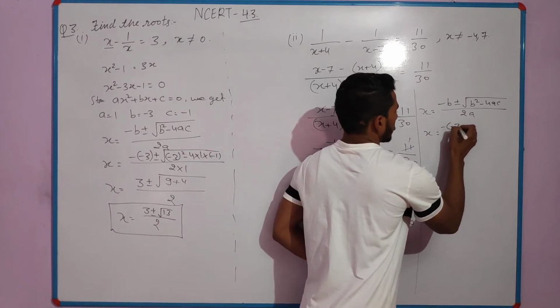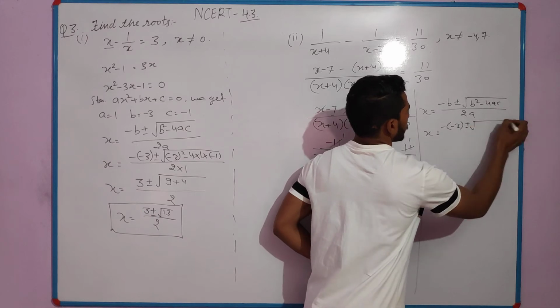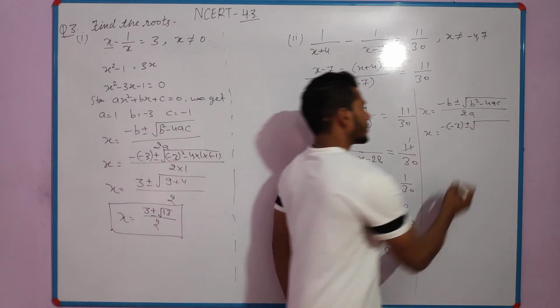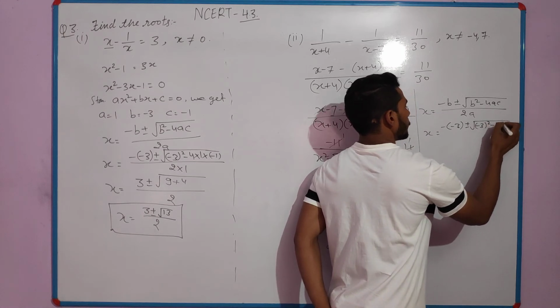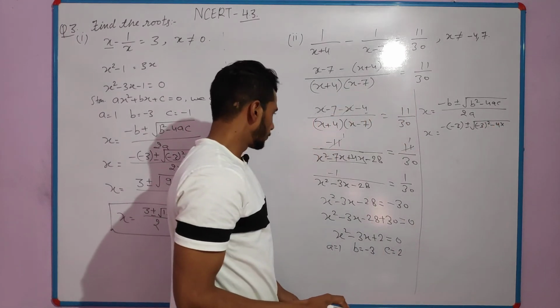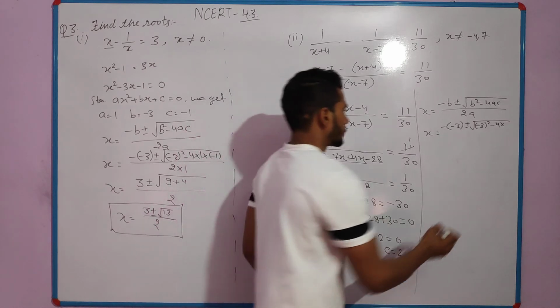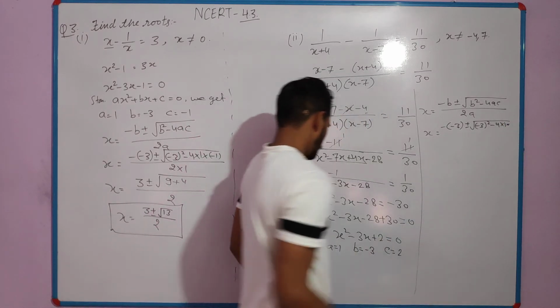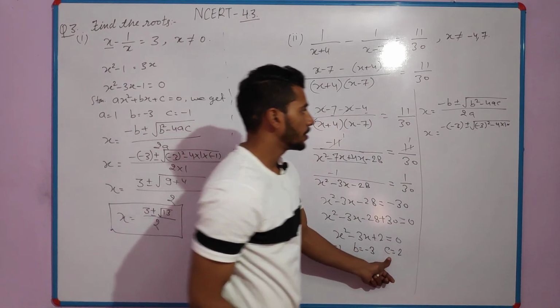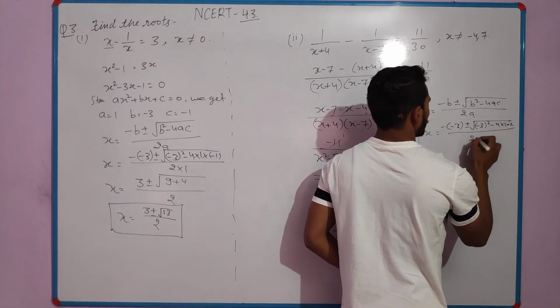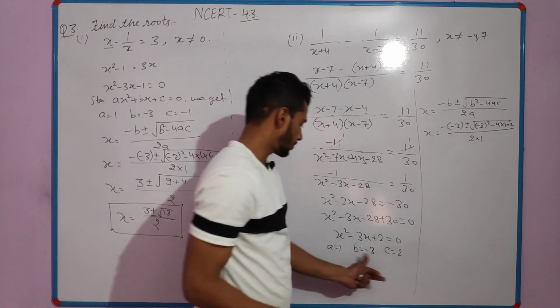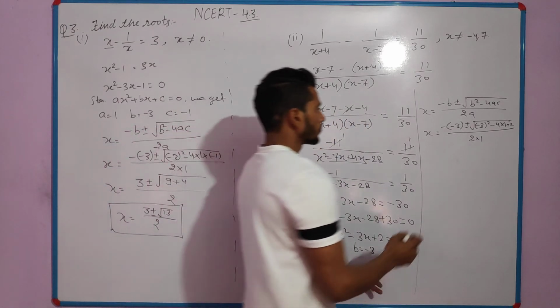Minus 3, plus minus square root of b square, means minus 3 square, minus 4 into, what's the value of a? 1, into value of c is 2, over 2 into 1, because value of a is 1.